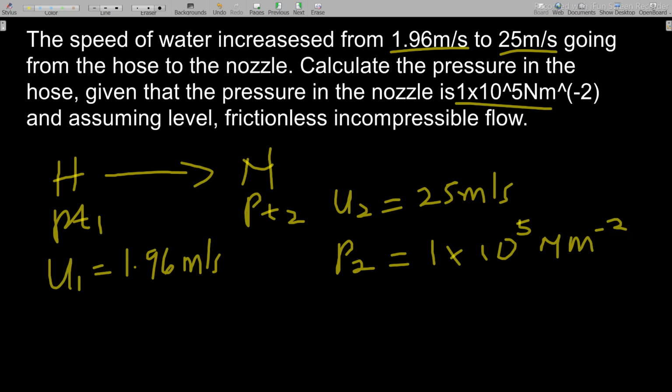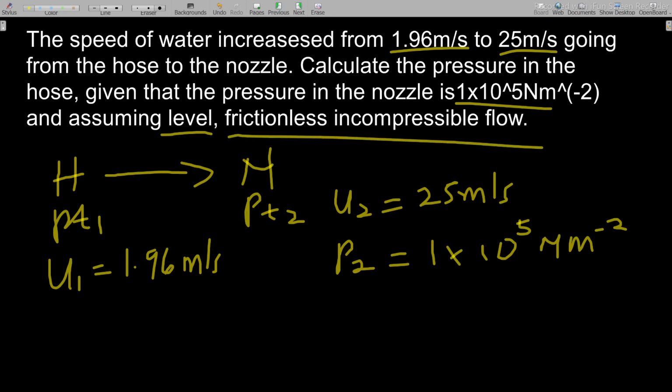Okay, now, given that the pressure is this, and assuming level, frictionless, incompressible flow. Now with the level, what it means is that there's no height, so the pressure due to height is also 0.